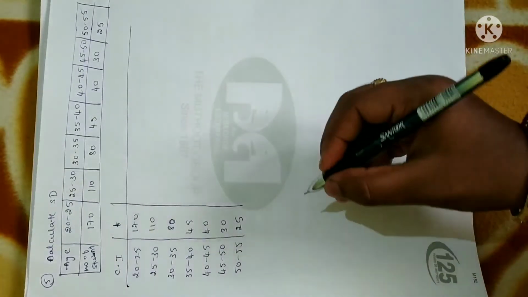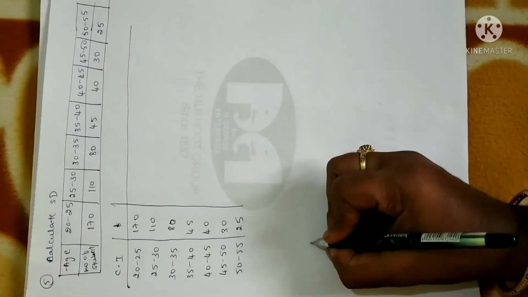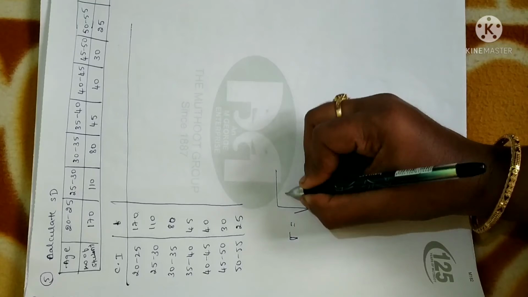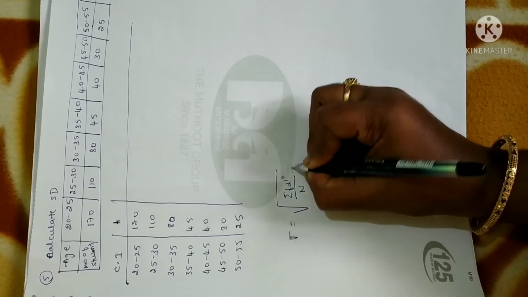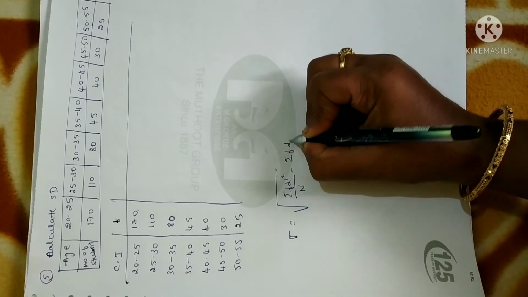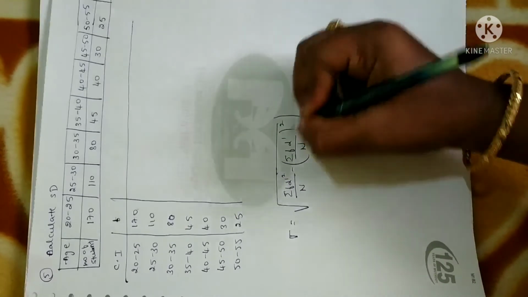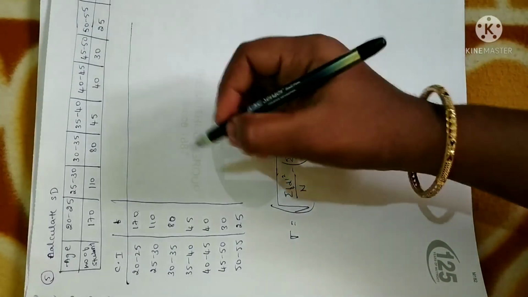Next we have to calculate the standard deviation, right? So for that, first let me write the formula. Standard deviation formula is given by sigma is equal to square root of sigma f d dash square divided by n minus sigma f d dash divided by n the whole square. You have to put square root for both into h. Right, now let me calculate x value.